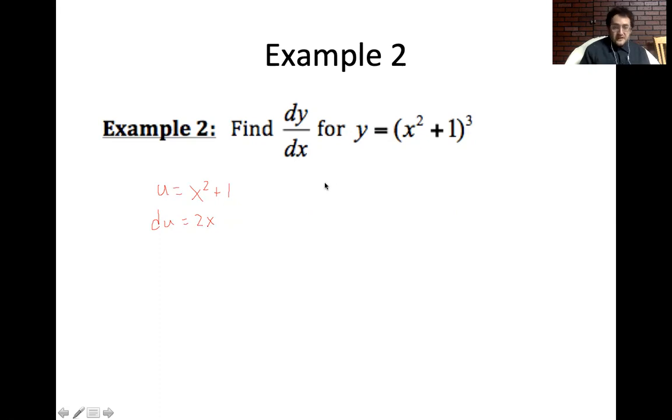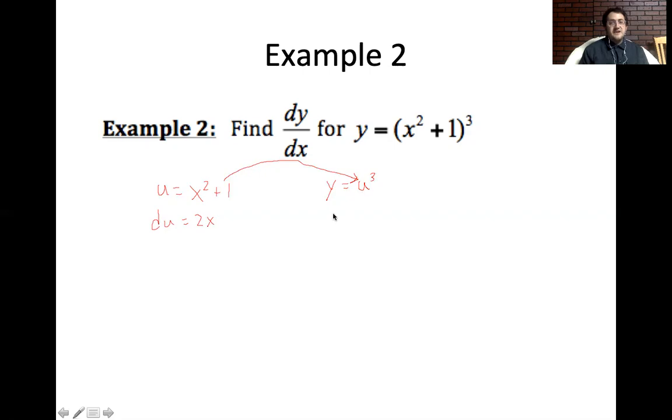Now, if I'm taking the derivative, what I'm going to do is write my y in terms of u. This is y equals u cubed. So if I actually put in that u, I would have x squared plus 1 to the third power.